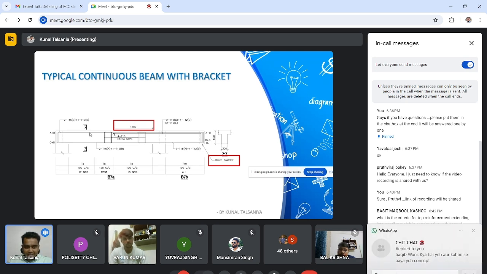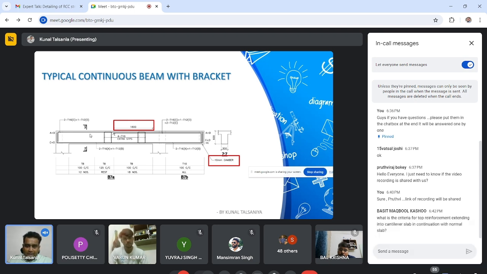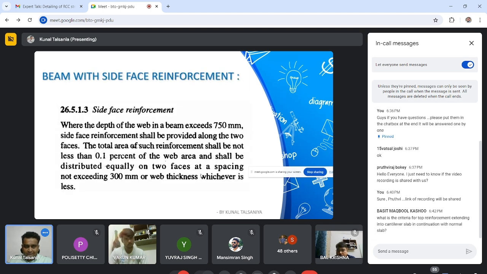You can extend this reinforcement to this, no issue. This is good practice, and camber is always there at the free edge. You have to just keep a note here, and focus on back anchorage specifically for cantilever type of beams.